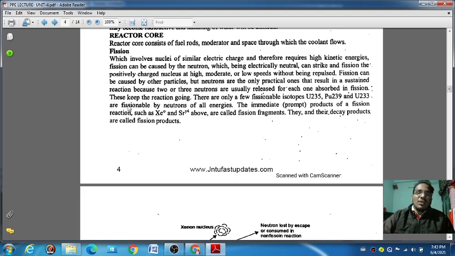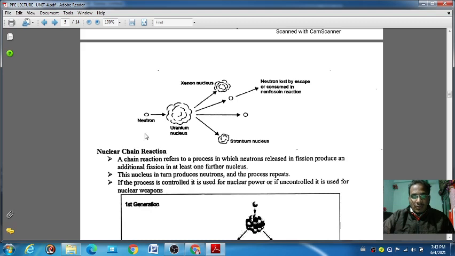You can see here the neutron, uranium nucleus, xenon nucleus, and strontium nucleus, and neutron loss by escape or consumption in non-fission reaction. Means here the neutron will be lost if it is not accepted by the reactor core; the neutron will lose that energy if it is not absorbed.